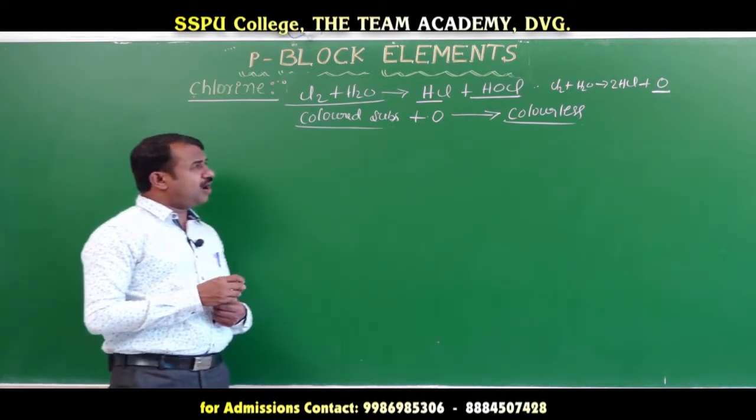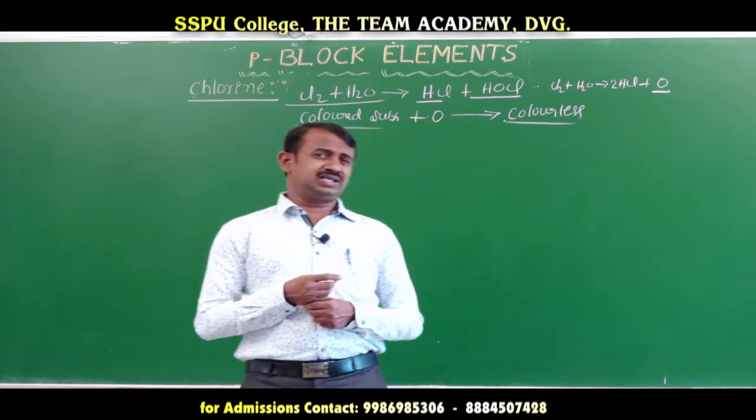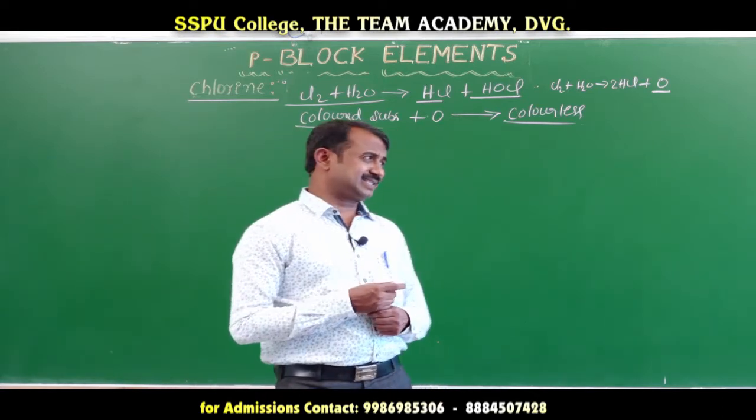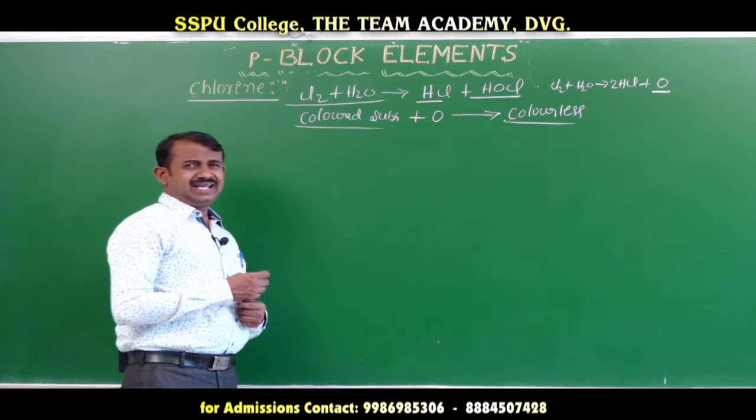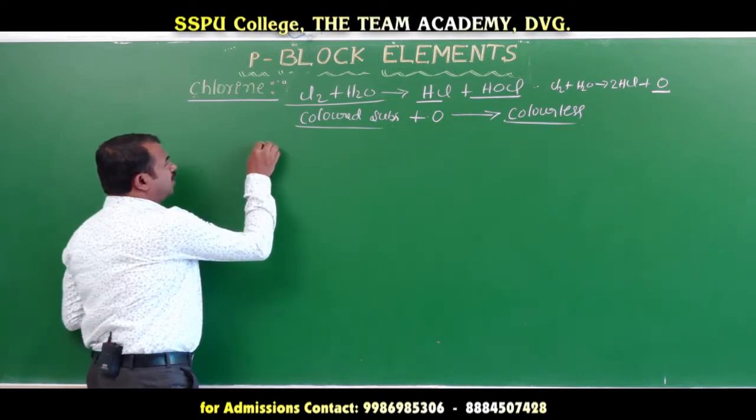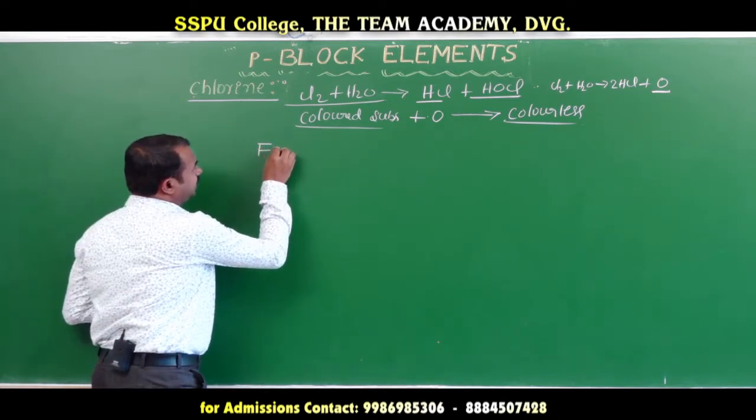Next, chlorine is an oxidizing agent. Here ferrous is converted to ferric.